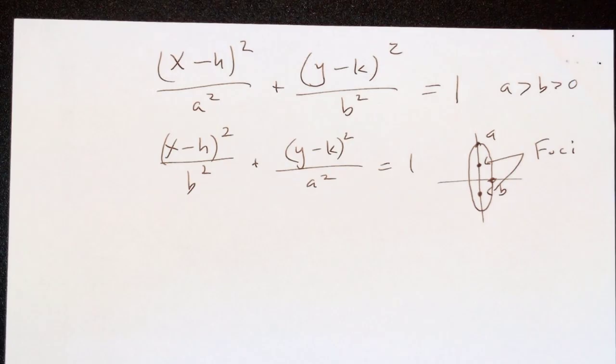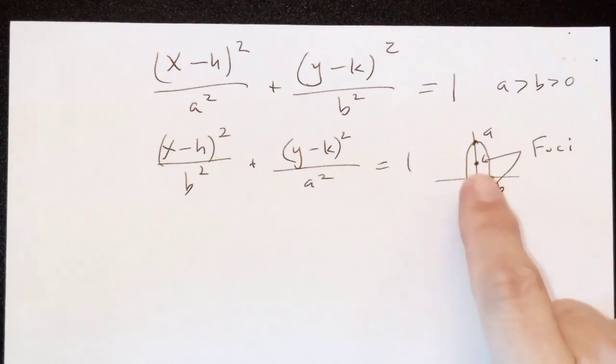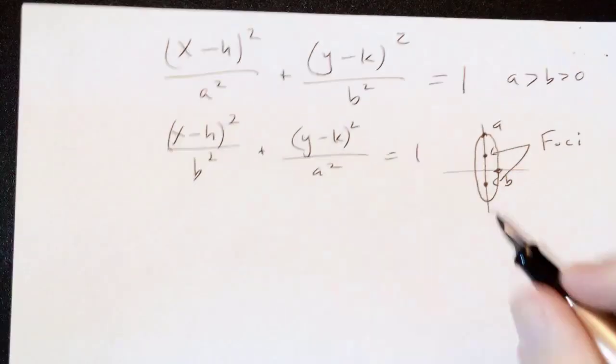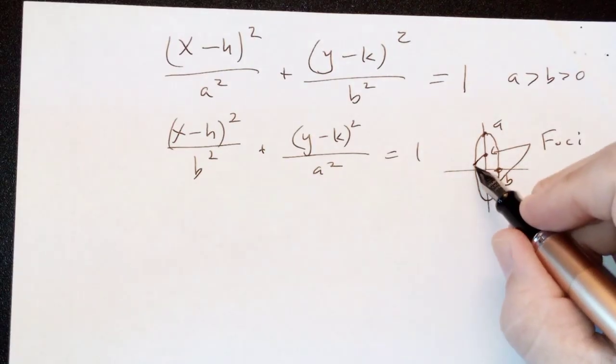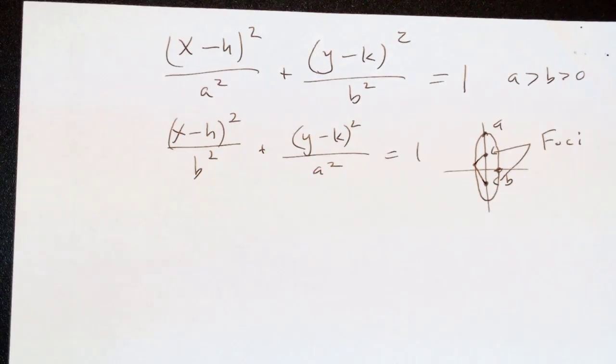That number happens to be the major diameter of the oval. So if I measure from this point out to any spot on the ellipse, and then I measure from that spot back to the other focus, and I add those two together, that total's constant everywhere on this shape.